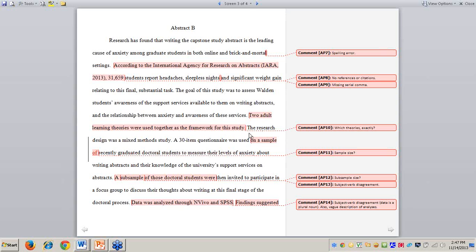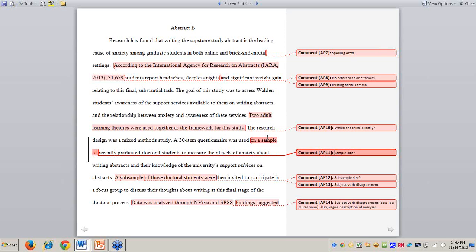Okay, so moving on, the student writes that the research design was a mixed method study. If I'm going to be really nitpicky, I would actually like to know what kind of mixed method study. Is it sequential? Is it concurrent? And then the student goes on, student being me, I wrote this, a 30-item questionnaire was used on a sample of recently graduated doctoral students.